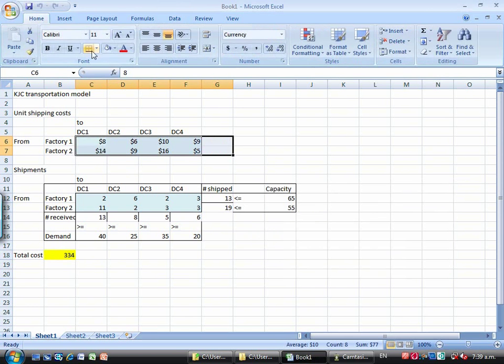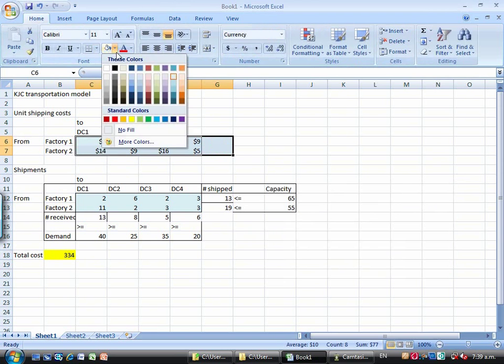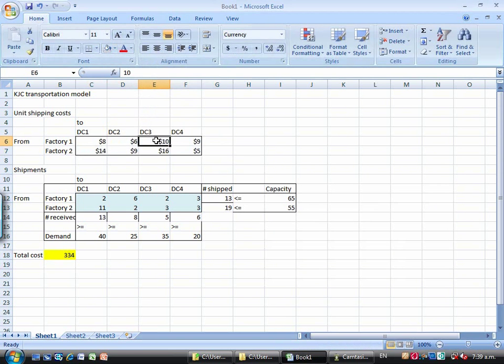Well, our costs are fixed. So these costs of shipping a unit from a factory to the distribution centre are fixed. That's given to us by our shipping company, by our courier company, so we cannot change that. What we want Solver to change are these cells here, the actual amount sent from one factory to one DC.